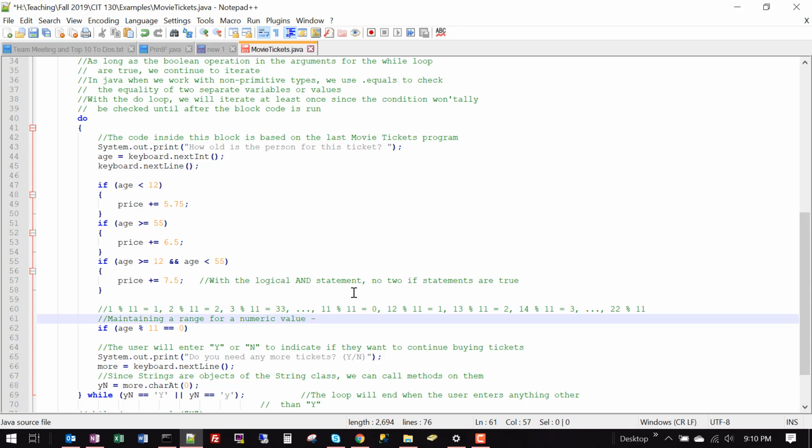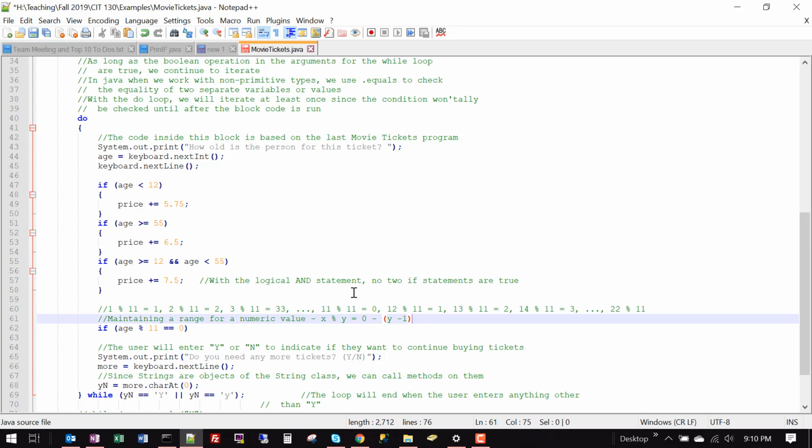Whenever we have x mod y, that will be a number between 0 and y minus 1.